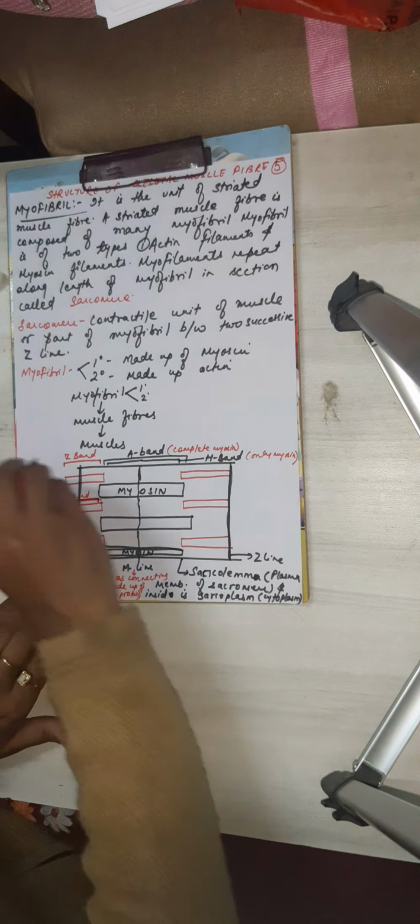One more thing, this is infoldings. It is T-tubule. And here it is nucleus. And H band is also known as Hansen's line.